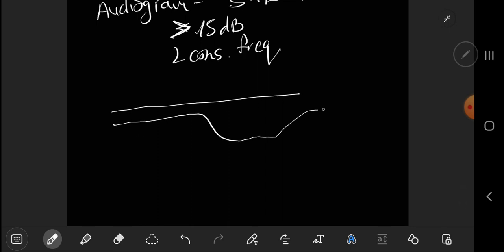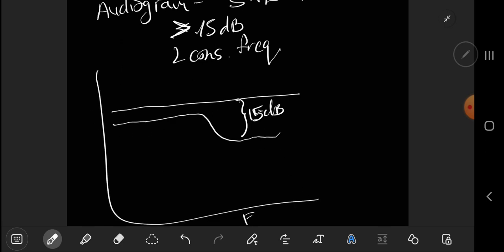Namely, you can see one audiogram that looks like this and another audiogram that looks like this. Maybe this one. Okay, and here there is at least 15 decibels, and this is the frequency, and this is the threshold.